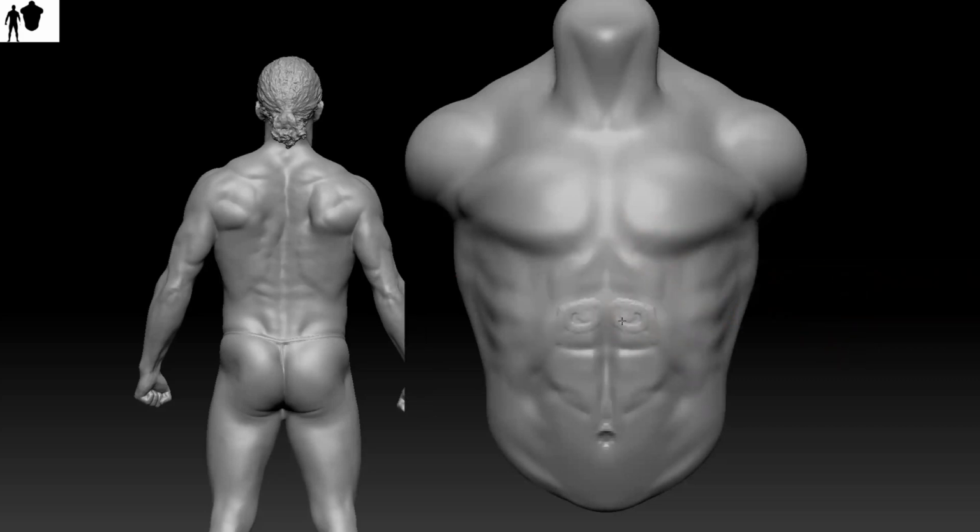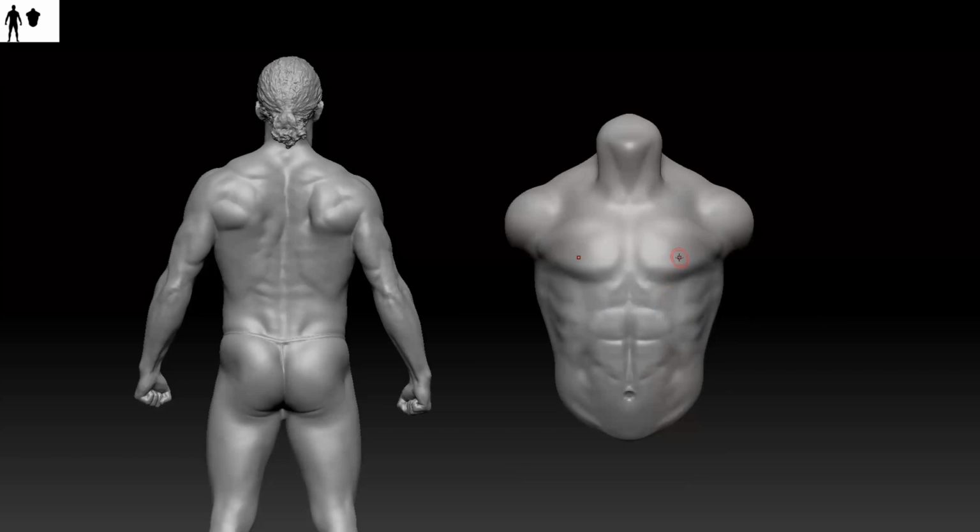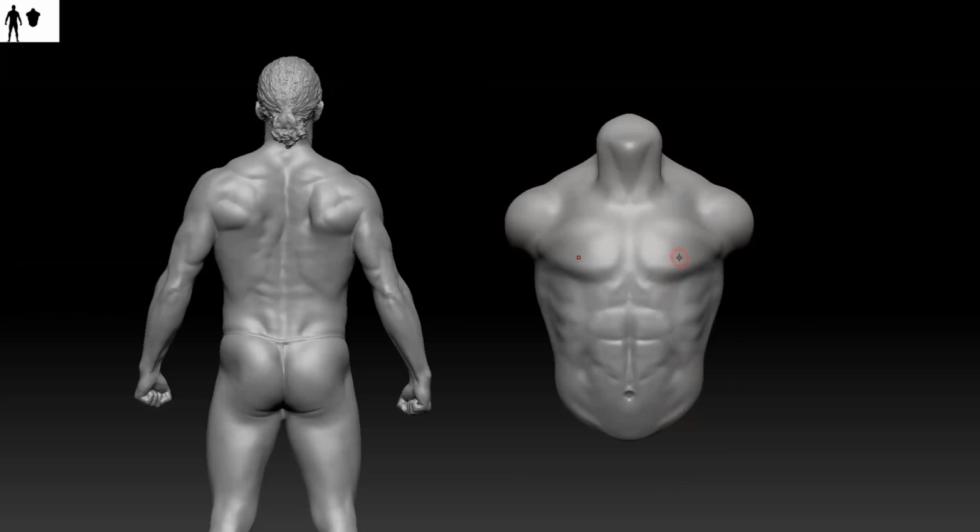So, when you're feeling like anatomy is overwhelming, just remember the only thing that matters is the simplicity of the thing. And the only thing that's going to make a real difference between someone using the anatomy really well and someone not is how well they work with the simple forms. It's not the fact that I can tell you about the plantaris muscle and maybe you never heard about the plantaris muscle that makes me a better artist than you.